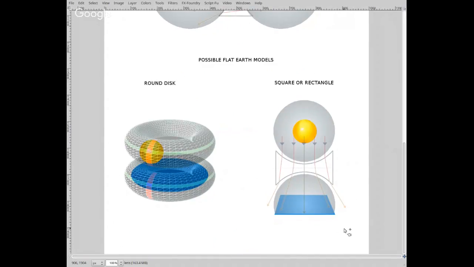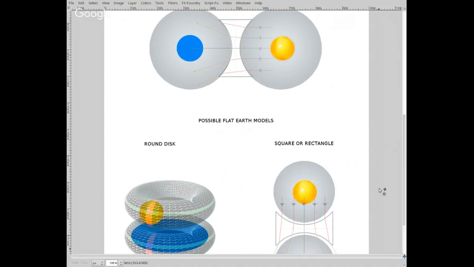No matter what shape the flat earth is, it has to have this kind of lensing between the sun and the earth, or you won't get observations at every point during the day. Every hour of the day, you have to be able to have the sun doing this. And the only way with the sun moving over the earth is to have these kinds of shapes. I don't see any other solution. I really don't.